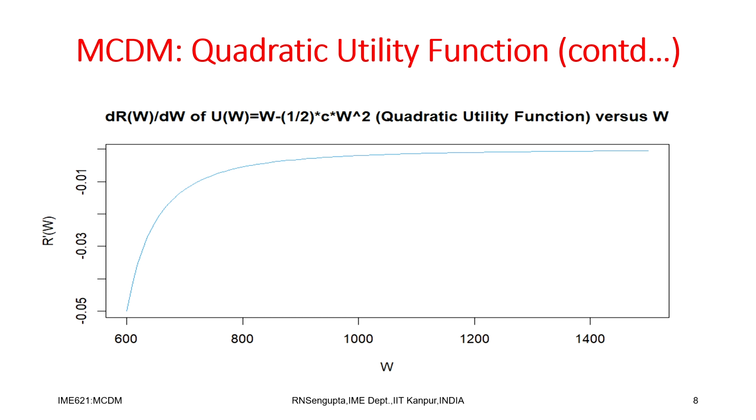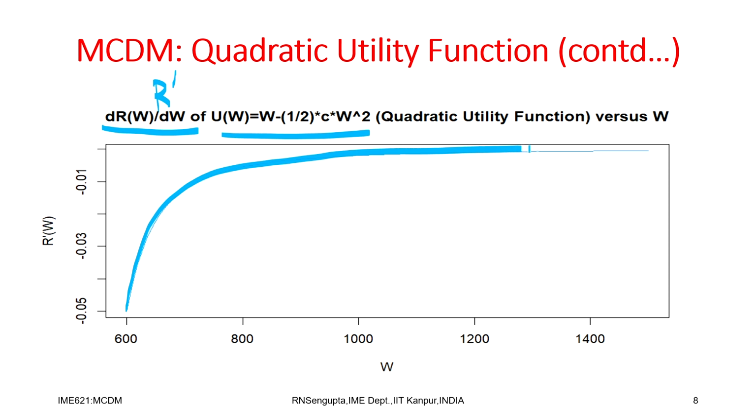Finally, if I consider the r prime, so dr dw is r prime for the same utility function with c value 0.002, the graph is also similar to a prime, similar in characteristics, though values may not be the same.